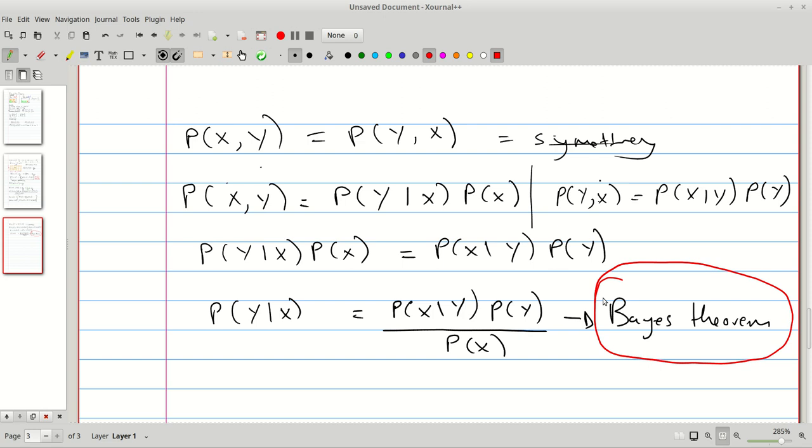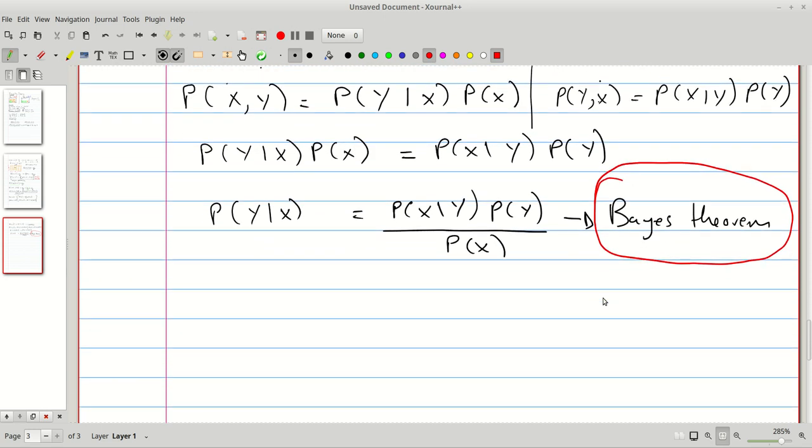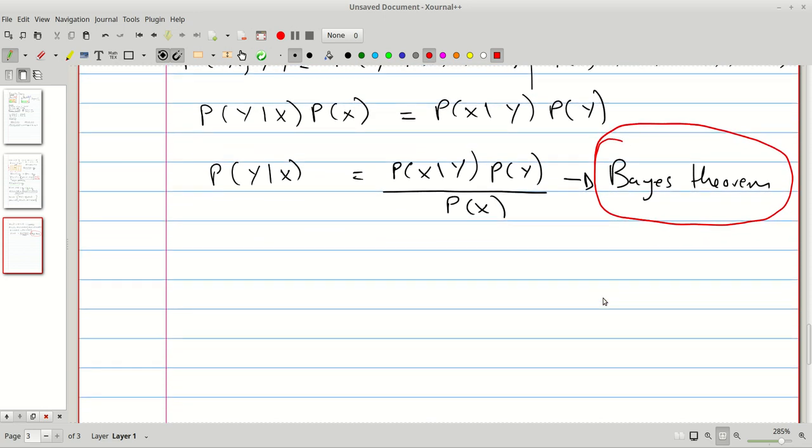You might already be familiar with Bayes' theorem, but we can actually express this in another way, and this expression is going to be very important in some of the things we're going to be dealing with in the future. So we can rewrite this.